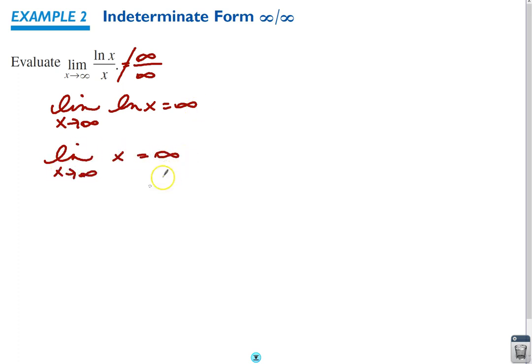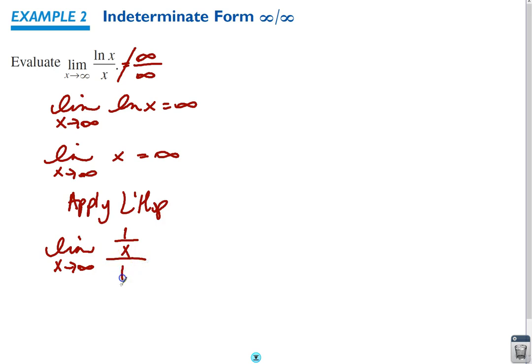Because I get infinity for top and bottom, I may apply L'Hopital's, and now I get the limit as x approaches infinity of the derivative of natural log of x, which is 1 over x, over the derivative of x, which is just 1. So if I plug in infinity into 1 over x, I end up with 1 over infinity, which we know is 0. Hopefully making some sense.